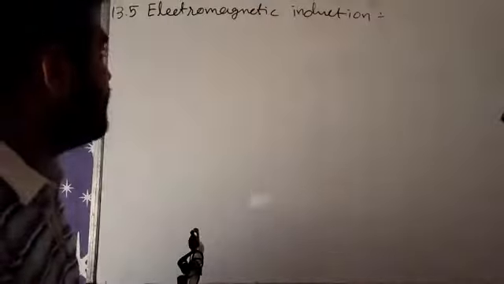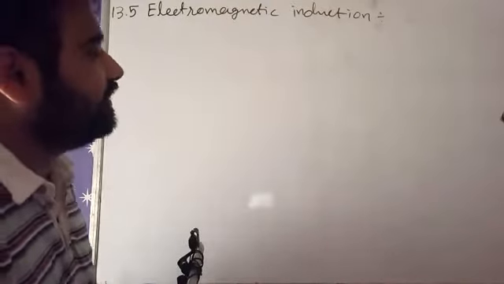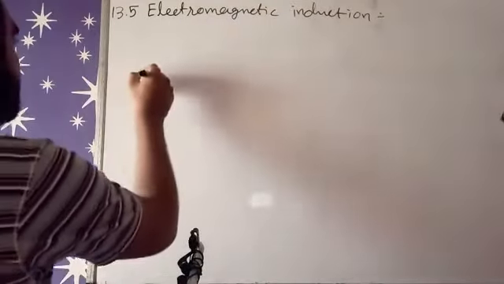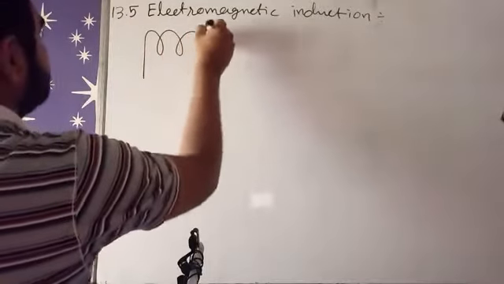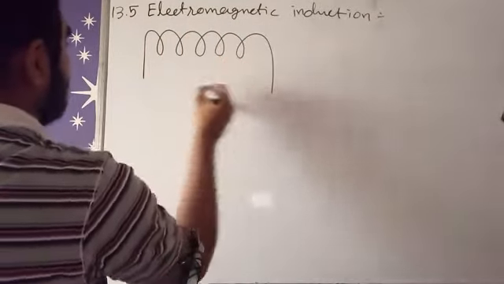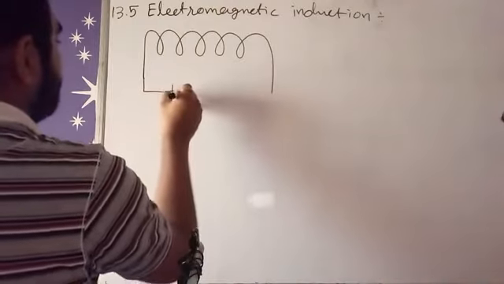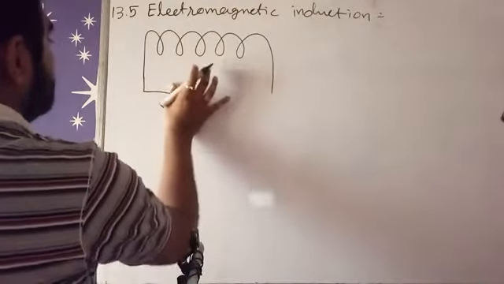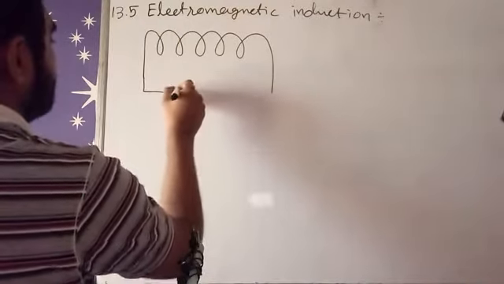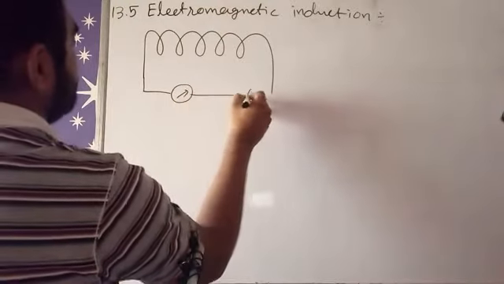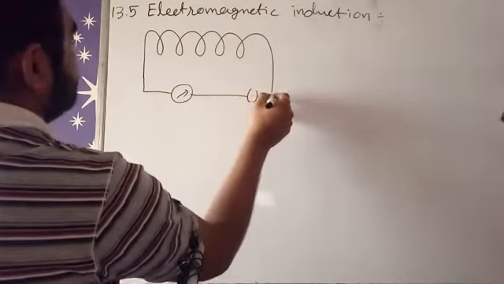So, electromagnetic induction. Now, first demonstration for that: we have one solenoid, and we connect that solenoid with one galvanometer, right? One key will be there.